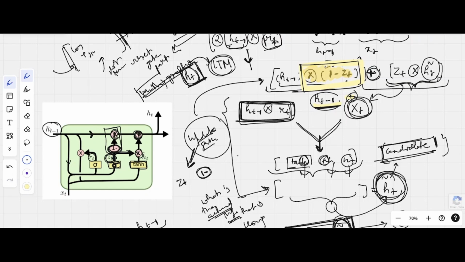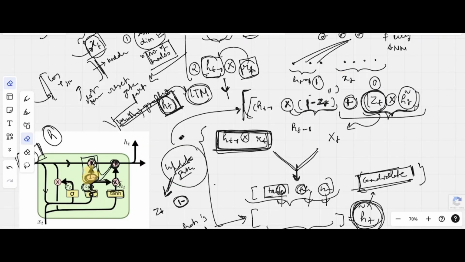But here in GRUs, we are maintaining just a single state, and still we are saying that its performance is comparable to LSTMs. How is this possible? We are doing exactly what we were doing in RNN, but still we are saying this.